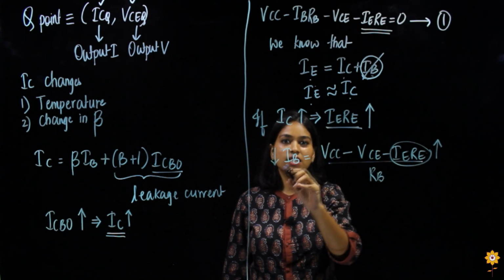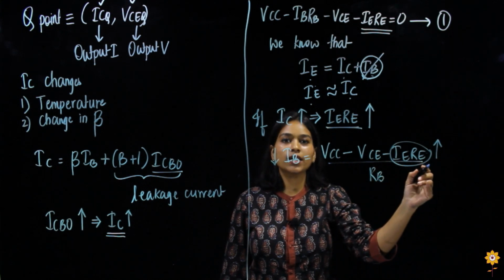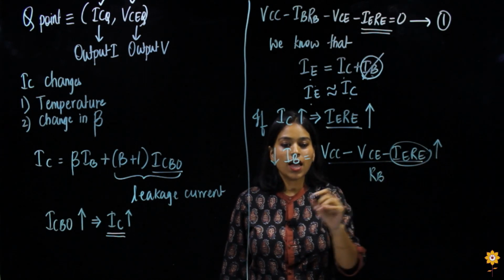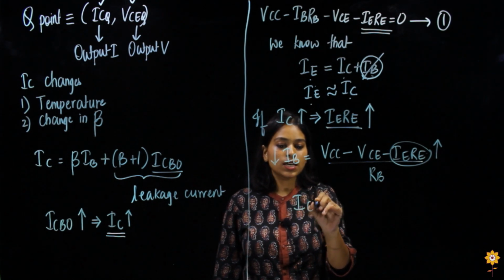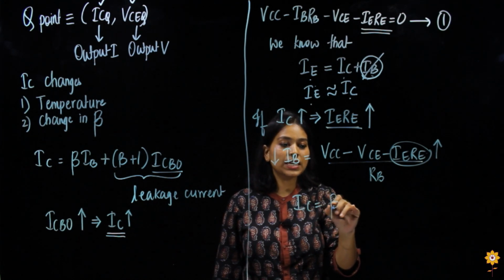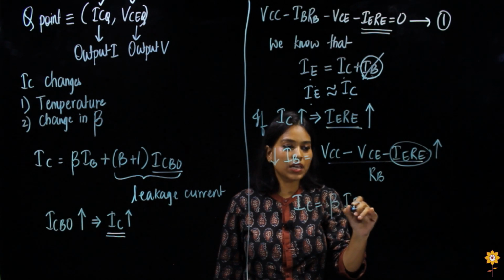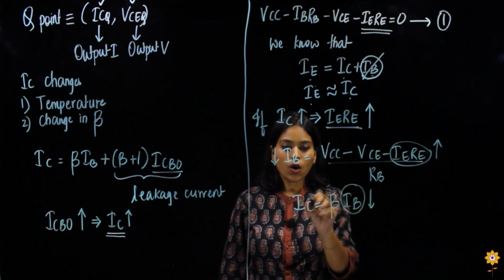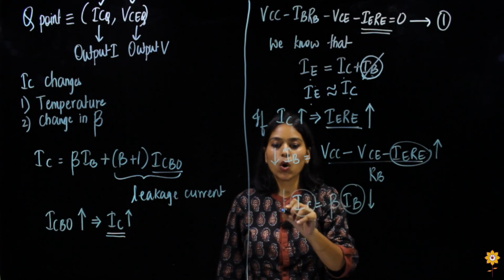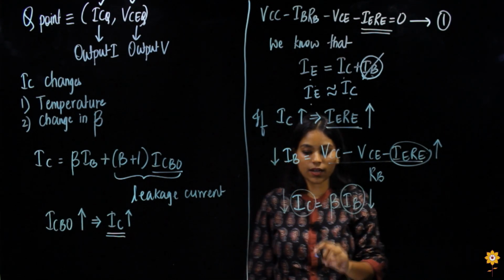So IB is decreasing when IERE starts increasing, and we know that IC is equal to beta IB. So if IB starts decreasing, automatically IC will also start decreasing.